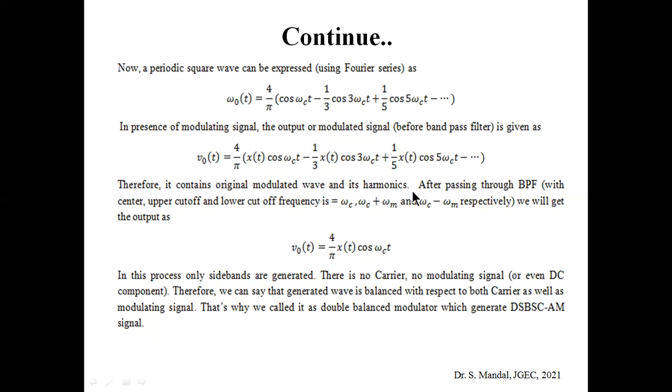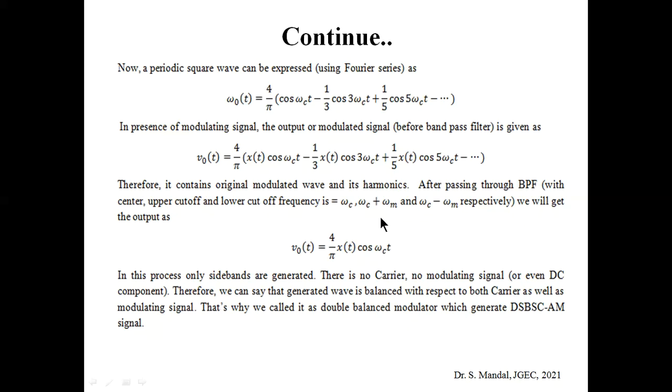Now if we pass it through a bandpass filter whose upper and lower cutoff frequencies are omega_c plus omega_m and omega_c minus omega_m respectively, then we will get only the term 4/pi x(t) cos omega_c t.